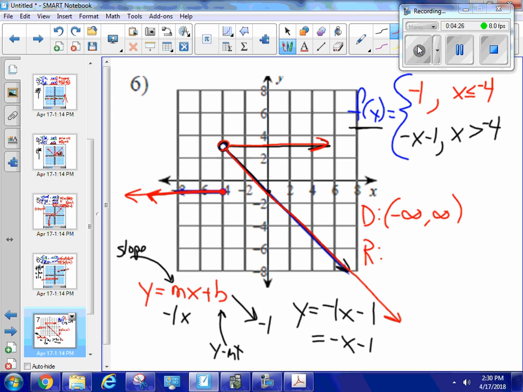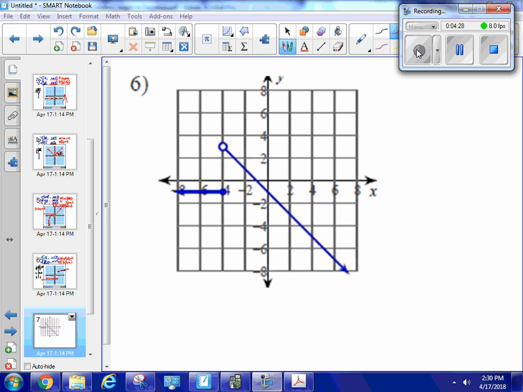Let's take a look at the range. Range is a little bit tricky, especially in a problem like this, because as English readers, we read from left to right. But in this particular function, I can see that my y values, which is range, are going to keep going all the way down to -infinity.